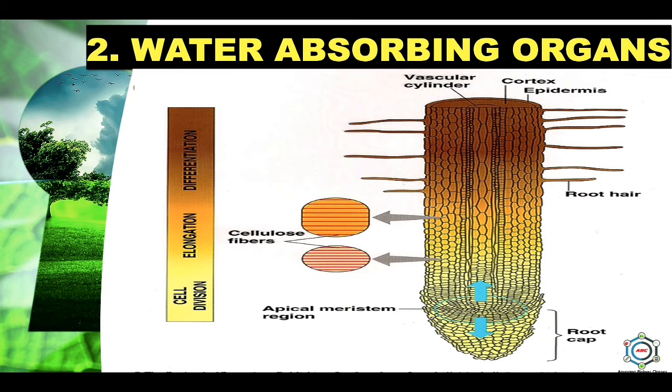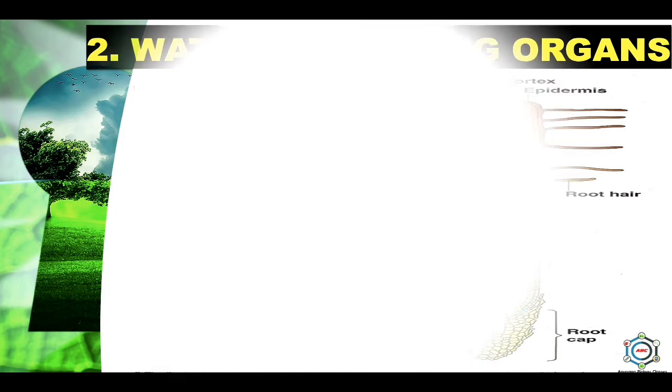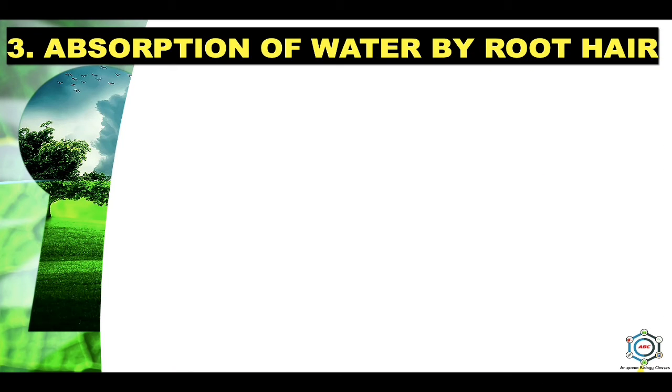In this case you can see a terminal portion of the root showing the root hair zone and the longitudinal section of a young root showing the origin of root hairs just above the zone of elongation. So this is all about the water absorbing organs. After that, now see here the absorption of water by the root hairs.